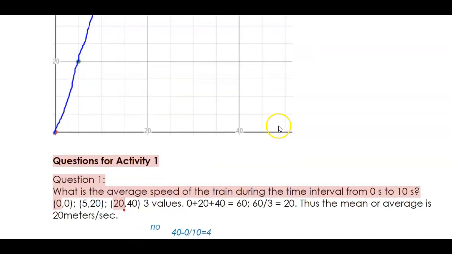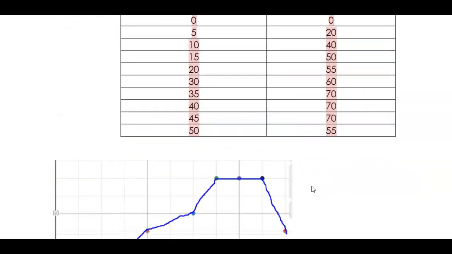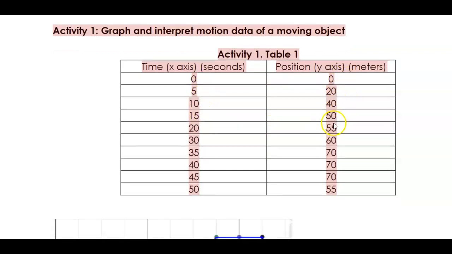Now what you went wrong on here, I don't know quite what was going on, because the average speed between 0 to 10 seconds, that's up here on the graph, is basically from here to here.